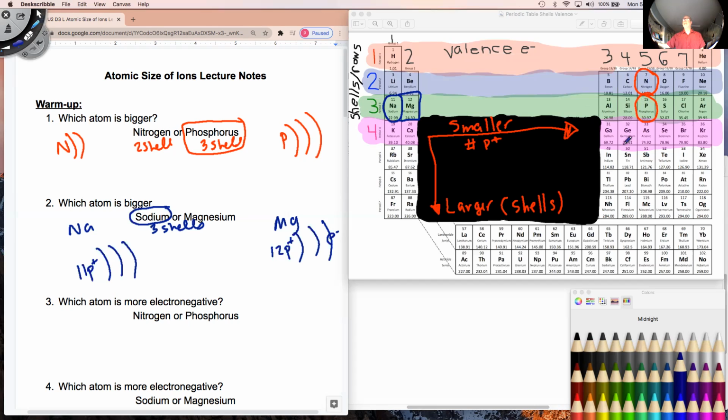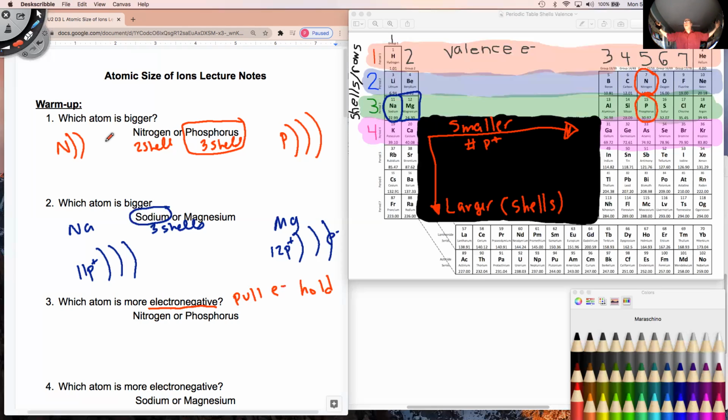Now, this question says, which atom is more electronegative, nitrogen or phosphorus? Well, we just talked about nitrogen and phosphorus. Electronegative means the ability to pull in electrons and hold them. We talked last class about if you have something that you really want to keep, you would hold it close to your body, as small as you can. You wouldn't hold something outside.